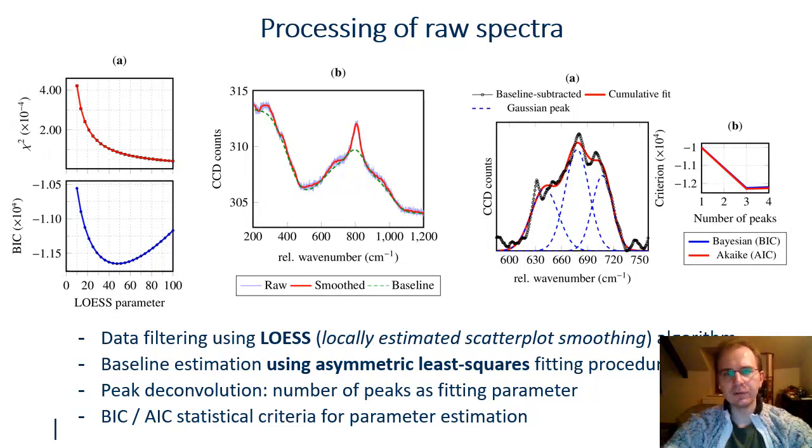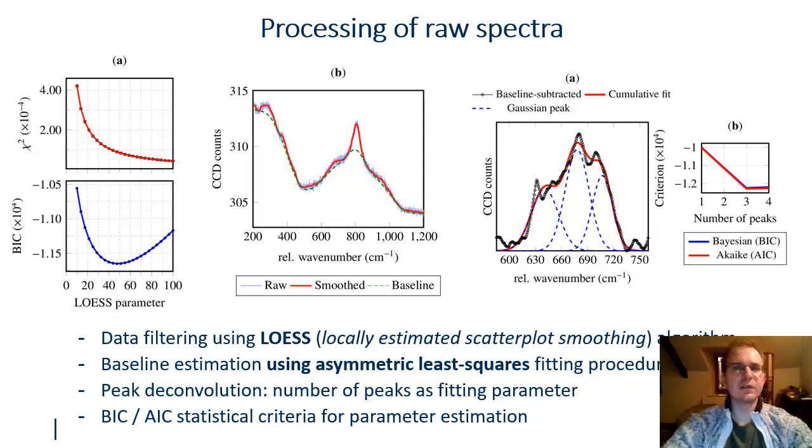And also we, of course, used the fairly standard method of asymmetric least squares to estimate the baseline and to subtract it for future analysis. Small portions of the Raman spectra were analyzed using the peak deconvolution technique which we developed, which had the number of peaks as a fitting parameter, which is quite unique.